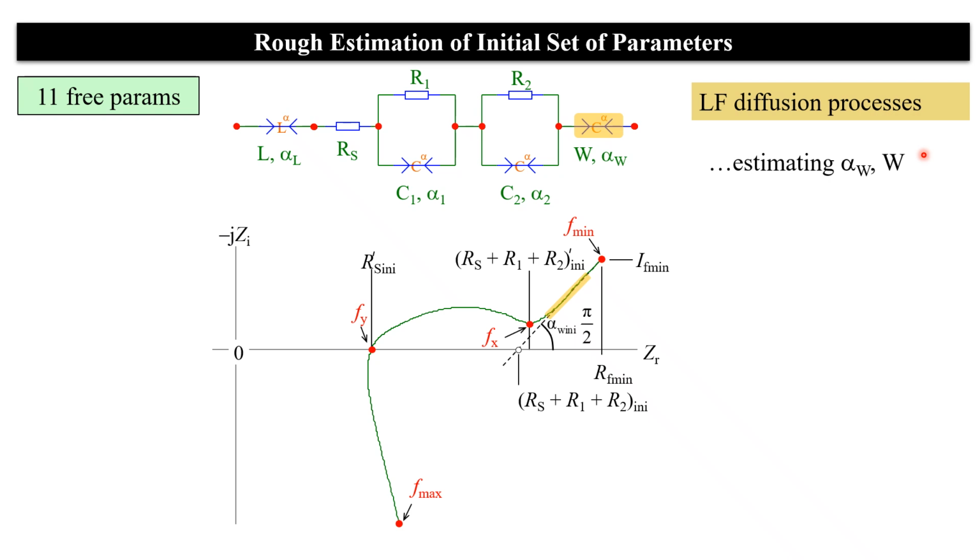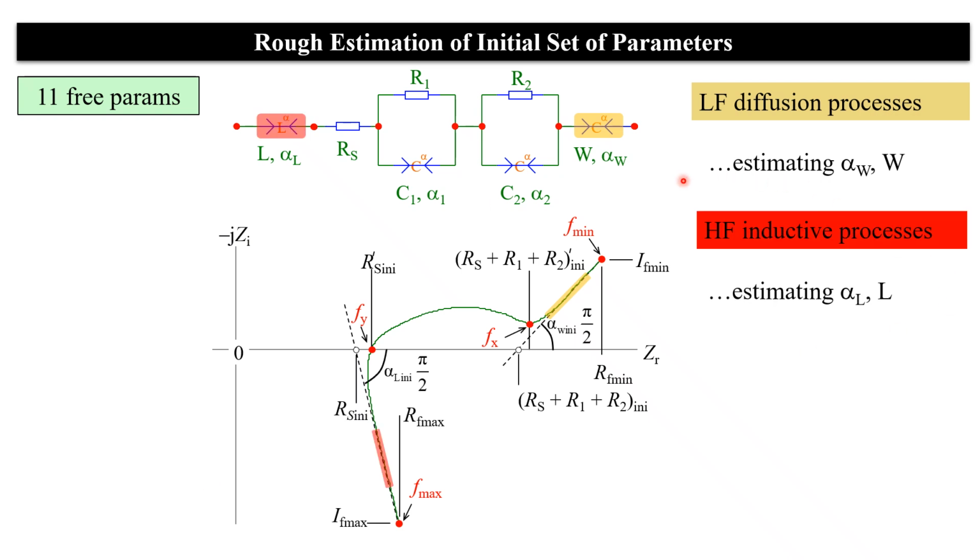These parameters can be estimated from the geometry of the Nyquist characteristics in the low frequency region, where we take a slope of a tangent starting from the point of minimum frequency. And then we compute the W parameter using a very simple algebraic equation that is not stated here, but you can find it in the proceedings.